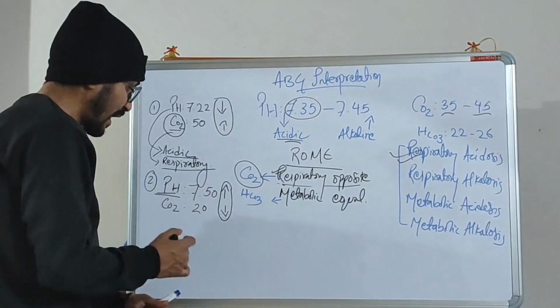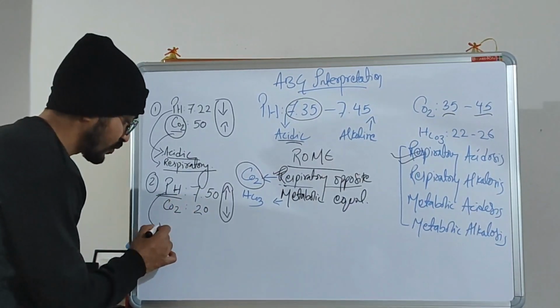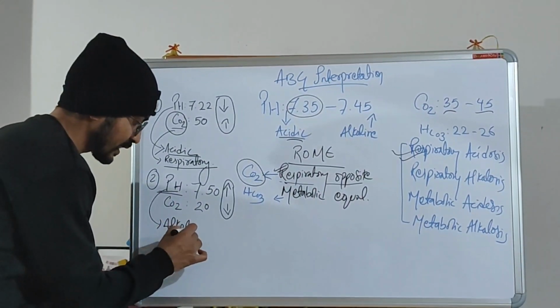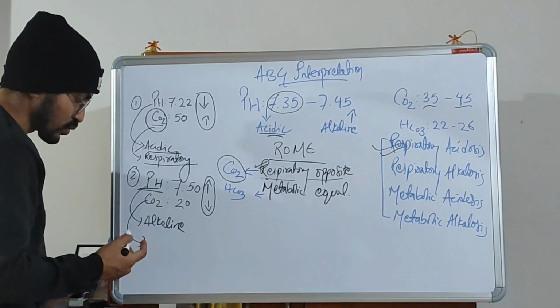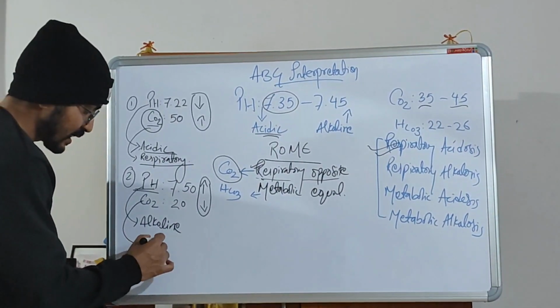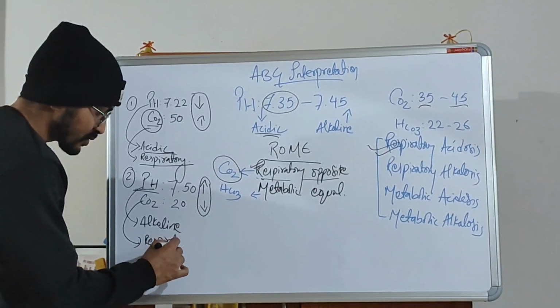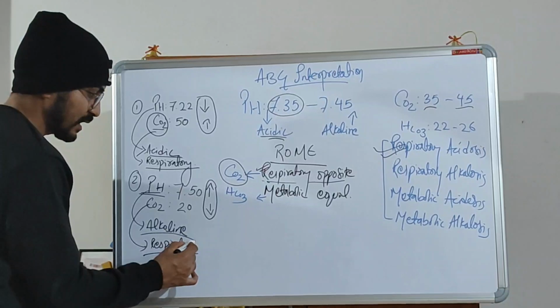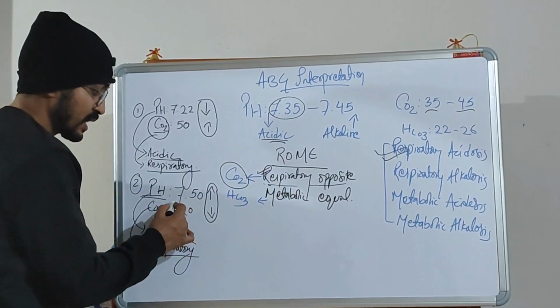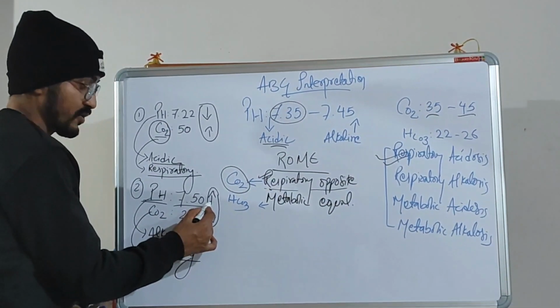So to frame this diagnosis, because the pH is moving upward, it is known as alkaline in state. Because we are seeing CO2, we can directly say it is respiratory. So we can frame respiratory alkalosis. Why alkalosis? Because it is moving upward from the normal range. Alright.